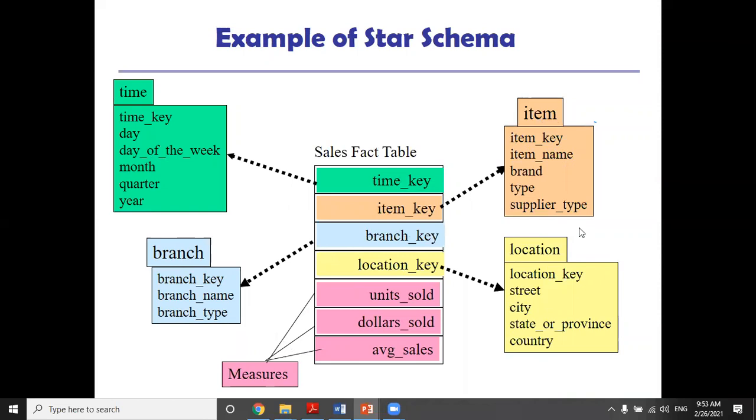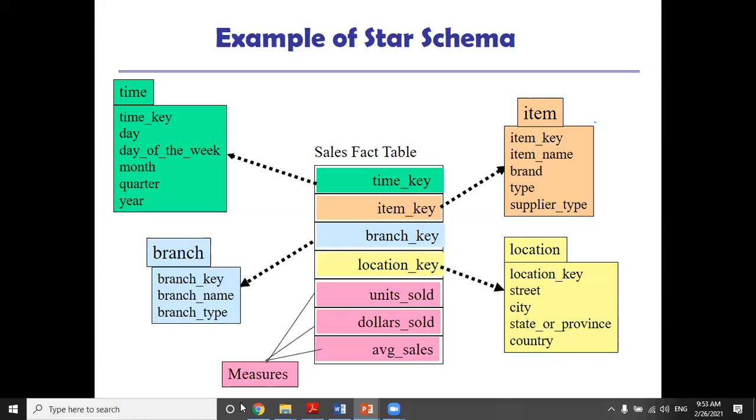Okay, what are the dimensions? I just told you four dimensions. Four dimensions I have already shown in terms of lattice, in terms of data cubes. What are those dimensions? Let me show: item dimension, one dimension. This is another dimension, time dimension. This is another dimension, branch dimension, and this is the fourth dimension, location dimension. So in this star schema model we have taken four dimensions: item, location, branch, and time.